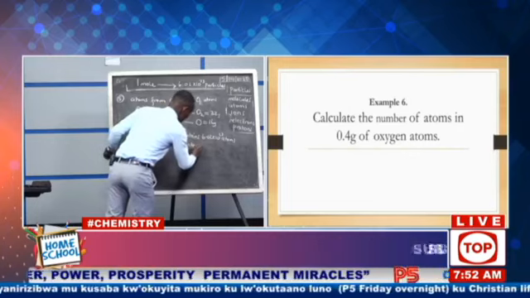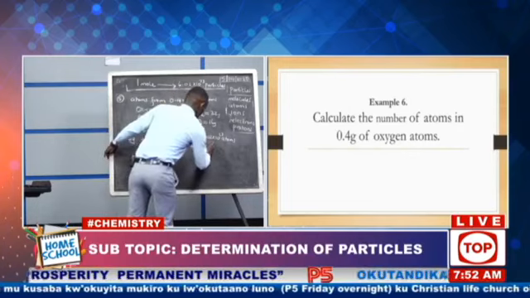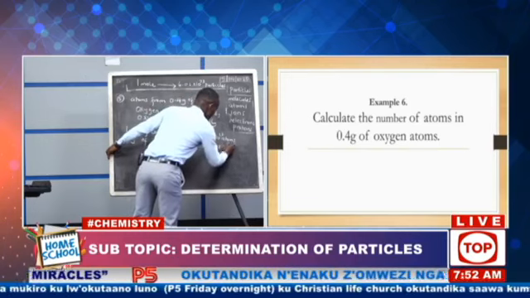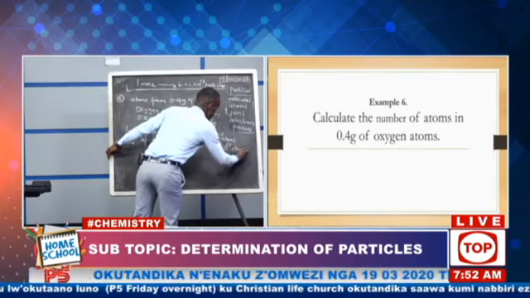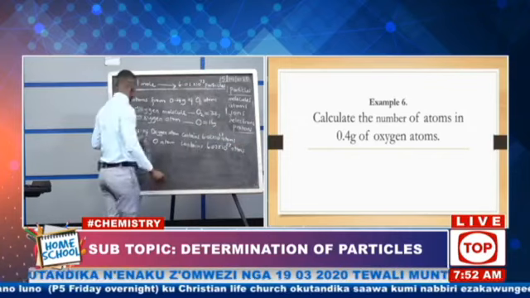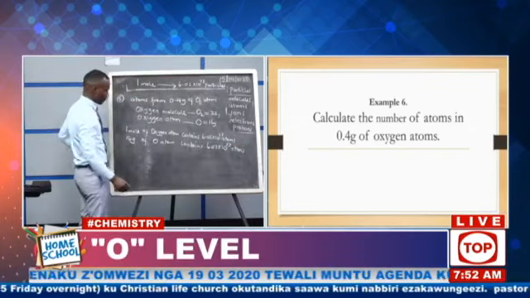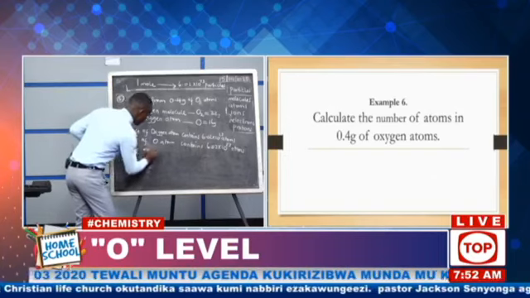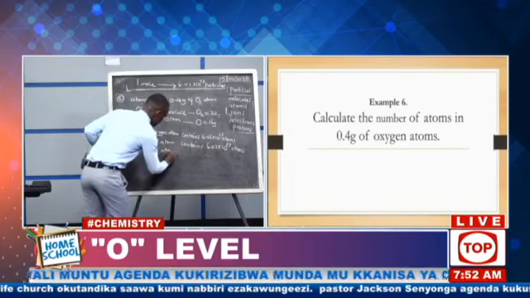contains 6.02 times 10 power 23 atoms. Here we are not calculating because we are not moving from N. We are just changing this one to this one. So here you have to first determine how many atoms 1 gram of oxygen atom contains.